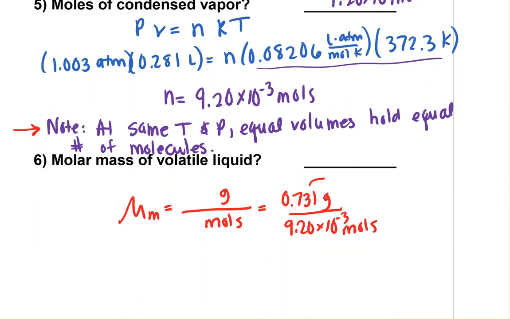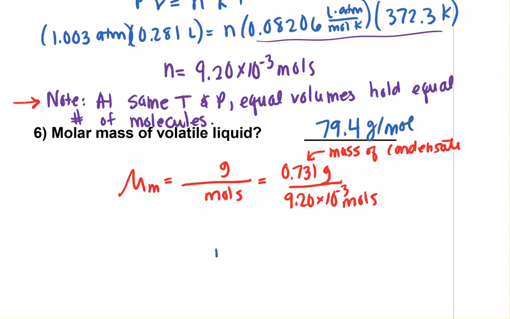This number we determined above, and so I get 79.4 grams per mole, which seems like a normal molar mass, but what should you expect? I'm going to say in this range.